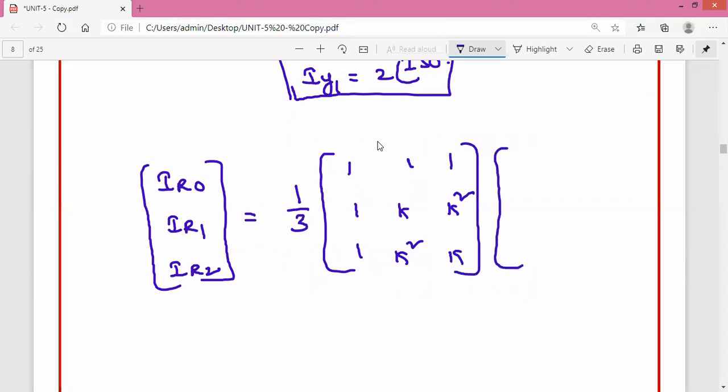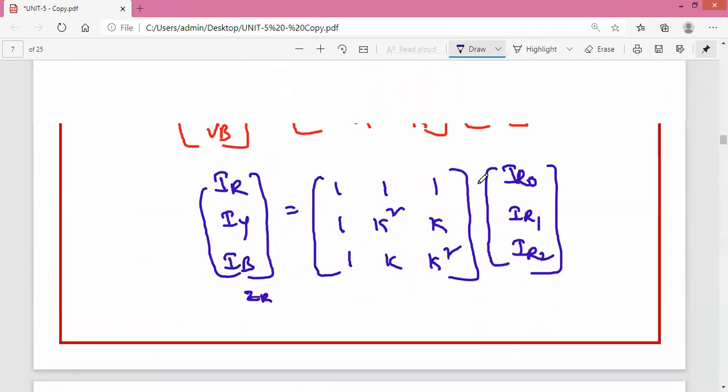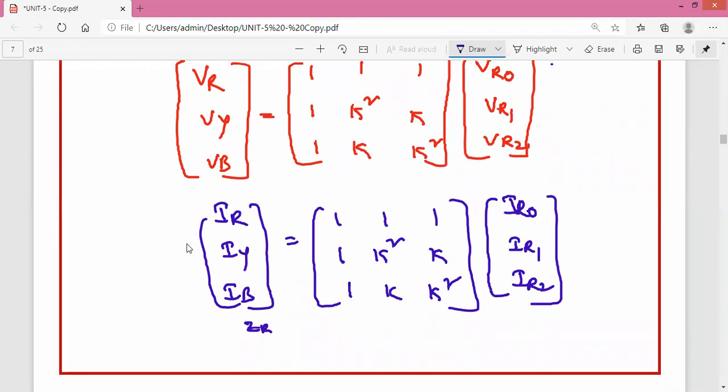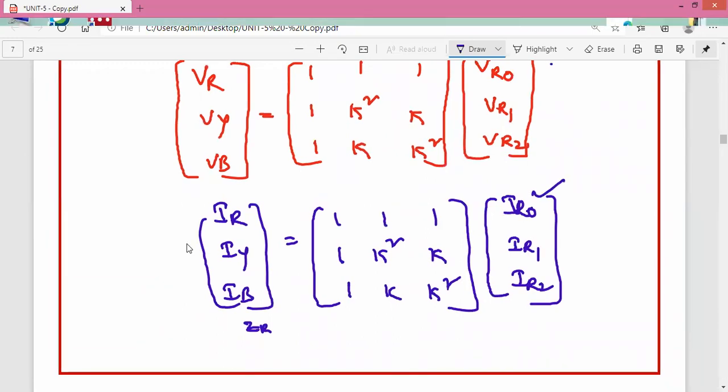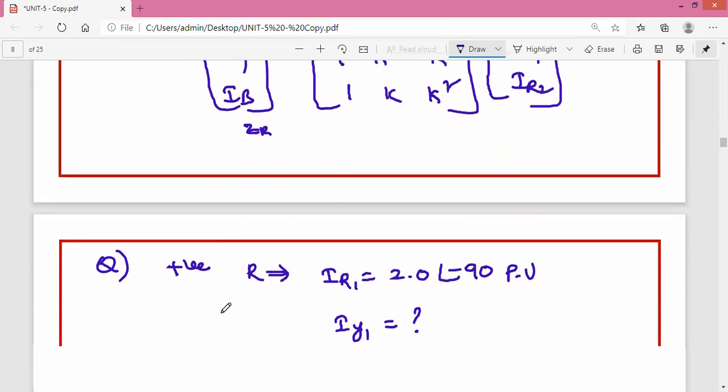Here it is IR, IY and IB. So these are the unbalanced parameters and these are the sequence components. Earlier it was in the form of unbalanced parameters and the sequence components are here. Okay, that is the difference. You have to do the matrix inverse by adjoint of the matrix divided by det A. Then you will get that matrix.